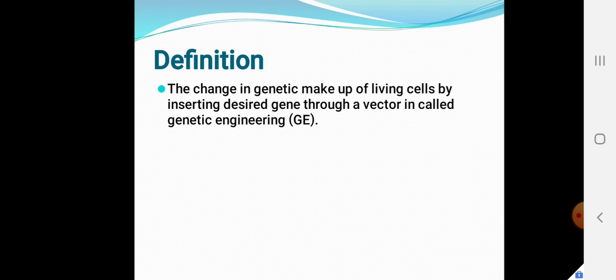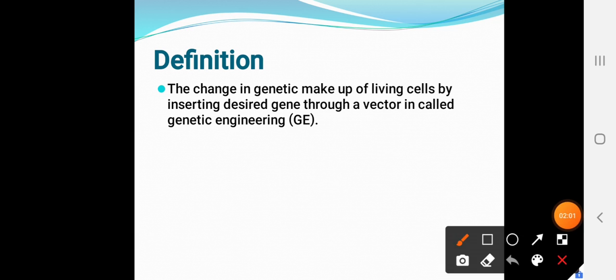What is the definition of genetic engineering? The change in the genetic makeup of living cells by inserting the desired gene through a vector is called genetic engineering. What is genetic makeup?